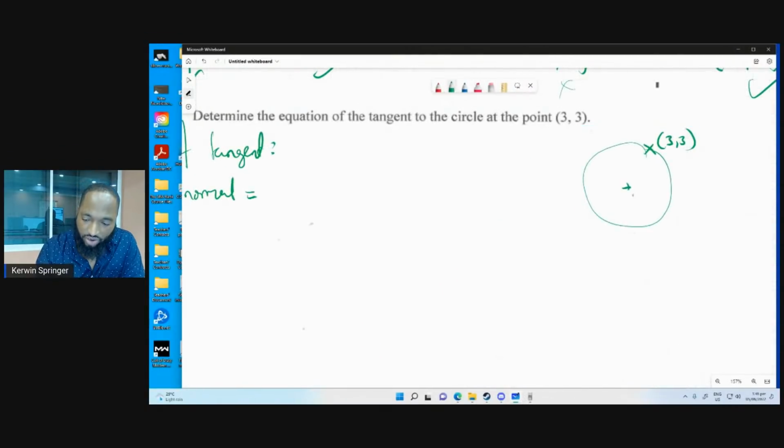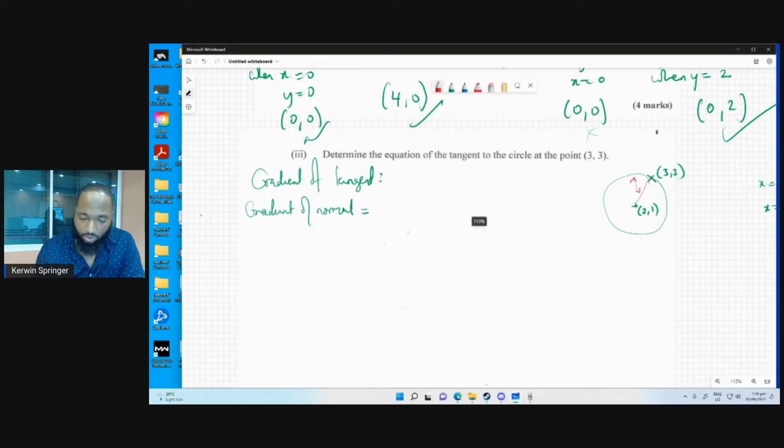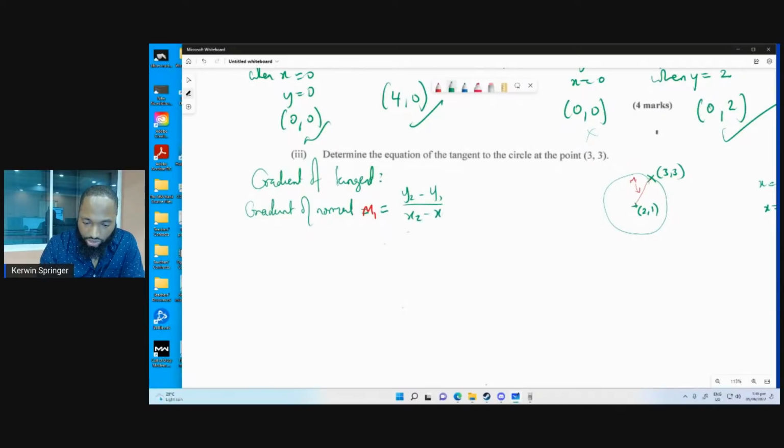So we just need to find the gradient of the normal. Now this is a very, very common question. Let's call the gradient of the normal M1. It is change in y over change in x, so this is 3 minus 1 over 3 minus 2.